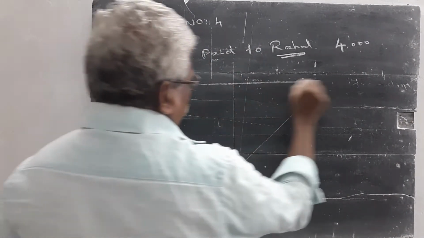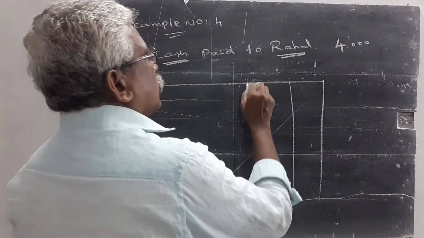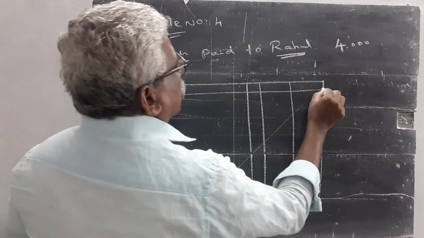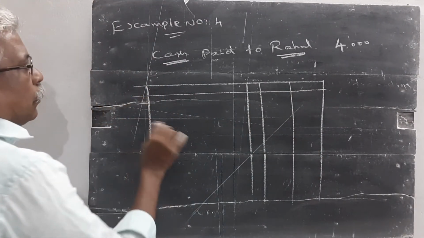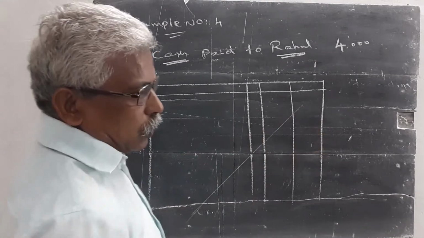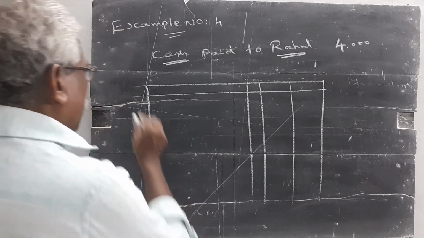All the columns are given in your accountancy notebook. If you do not have an accountancy notebook, you will draw these columns. This is the first example. If you write 10 examples, you will automatically understand and memorize these columns.